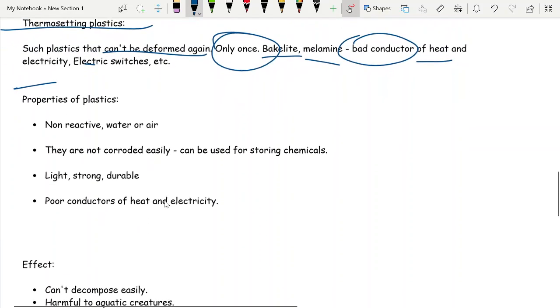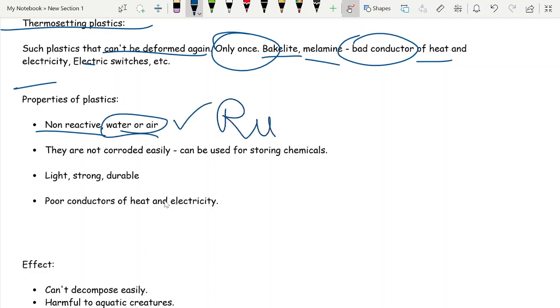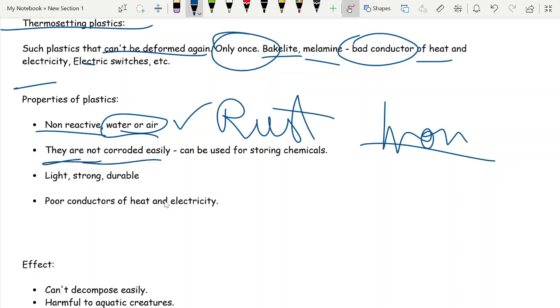Properties of plastic. They are non-reactive with water or air, so they don't cause rust, unlike iron. When you expose iron to water and air, it causes rust. We have learned about this, but again, let's revise everything. Alright, they're not corroded easily, meaning they can't be worn away.